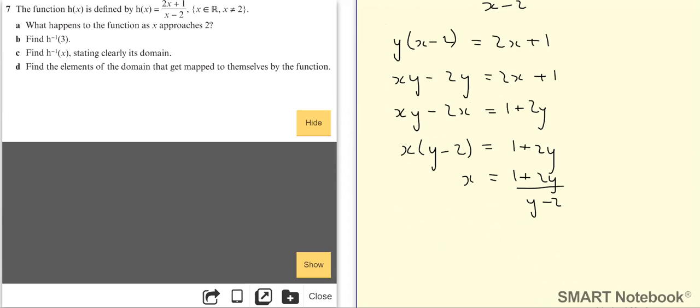Or if you collected it on the right-hand side, you might have got minus 1 minus 2y over 2 minus y. So that's fine. Now your inverse function, once you made x the subject, you replace x with the inverse function and you replace y with x. So you get 1 plus 2x over x minus 2.